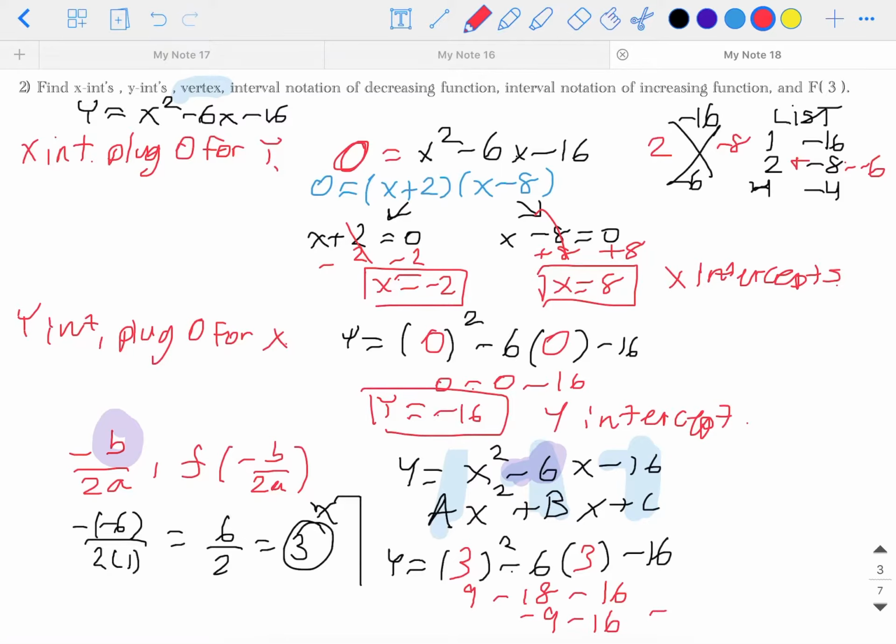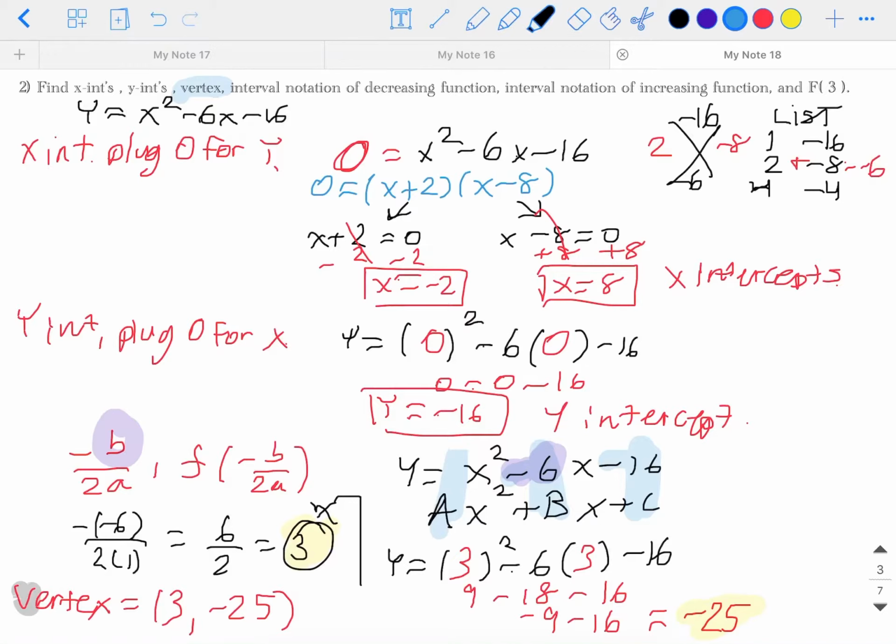Negative 9 minus 16 is negative 25. So we have both pieces of the vertex, the x of the vertex and the y of the vertex. Be sure to write down the vertex as an ordered pair. Vertex is at 3, negative 25.